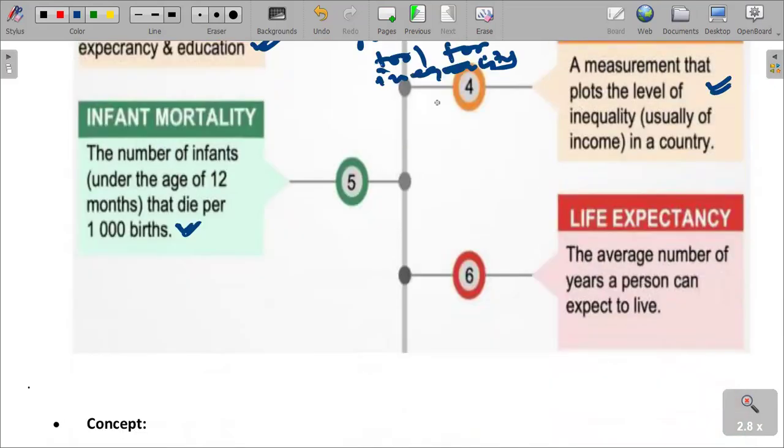And then lastly, we can talk about life expectancy, the average number of years a person can expect to live. A better developed country has a high life expectancy.